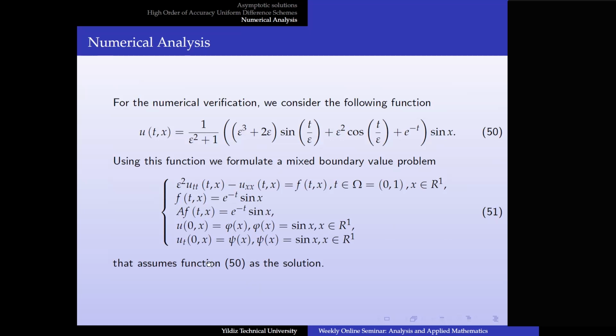As you see, this is the small parameter epsilon square multiplied by the second derivative in t, and then the right side is exponential minus t times sine x, and then the operator A of f of t in this form, and the initial conditions are given with the following formulas.